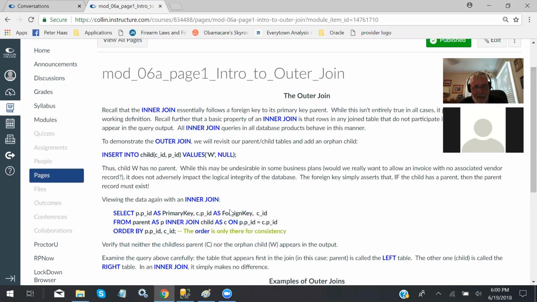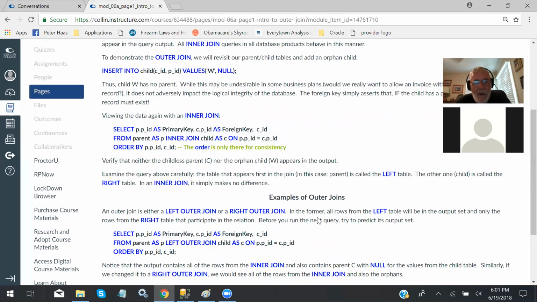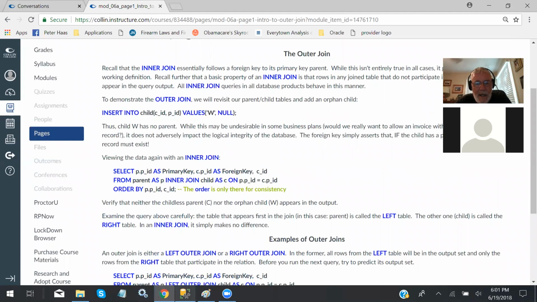We're basically following a primary key, foreign key pair, an inner join of the parent to the child on the primary key of the parent joining the foreign key of the child. And that is basically the way it always goes.